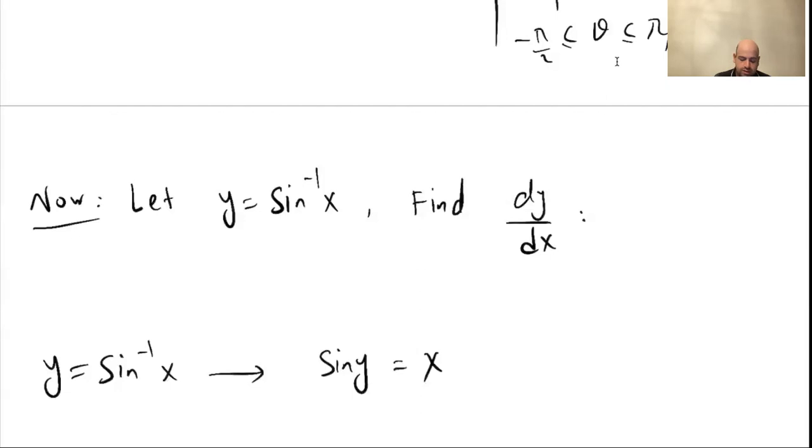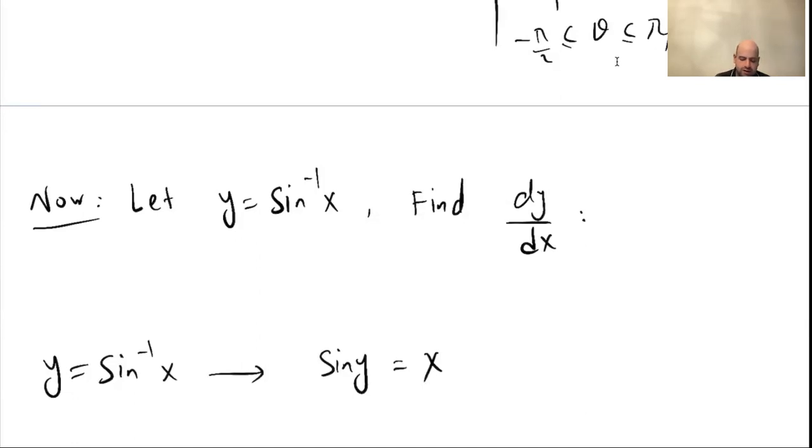And what do we get? We get that sine y derivative is equal to x derivative. So the derivative of a term containing y, what is it? It's the usual derivative times y prime. I'm just repeating this sentence over and over since last lecture: the derivative of a term containing y is the usual derivative times y prime.